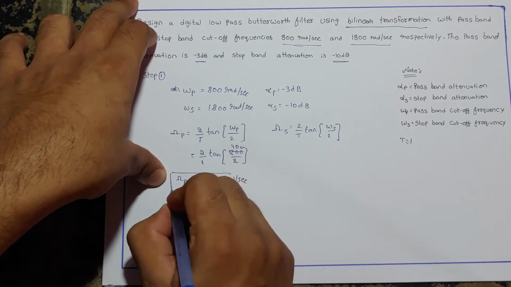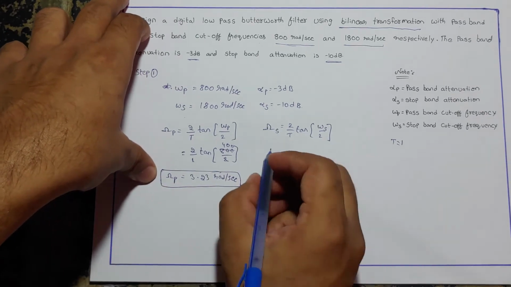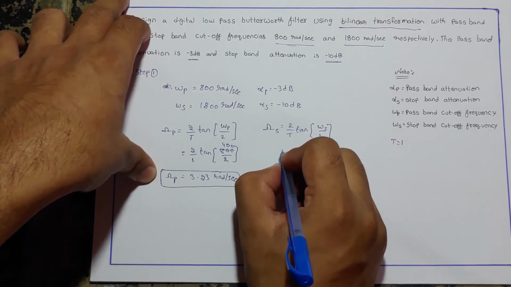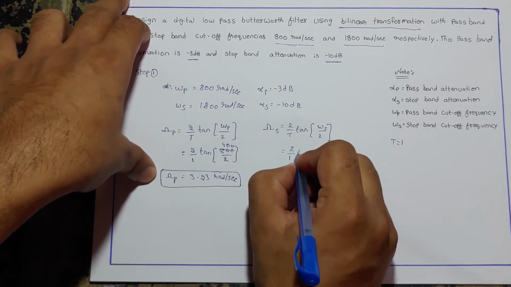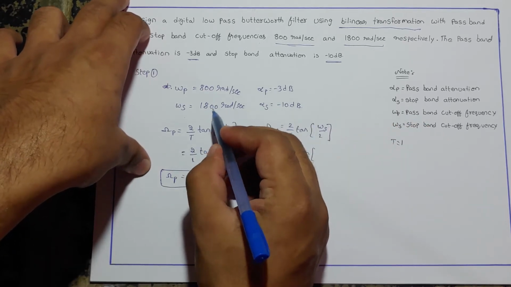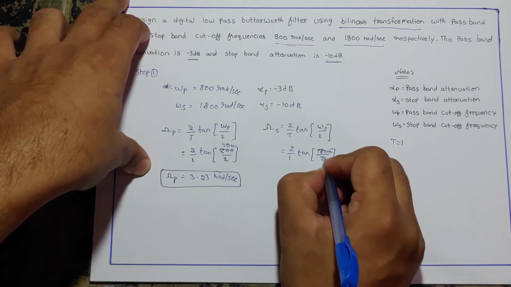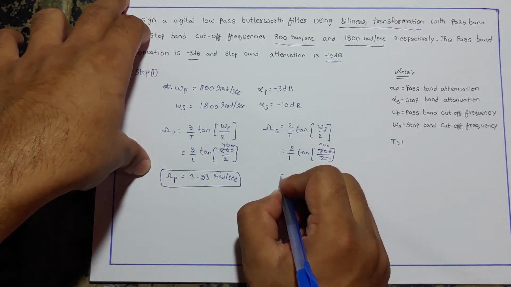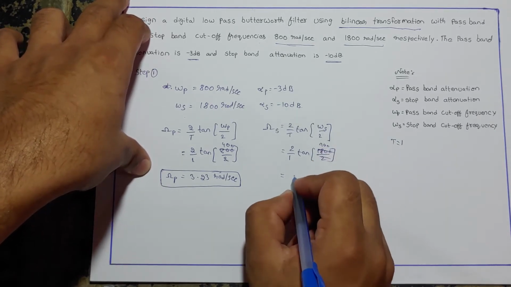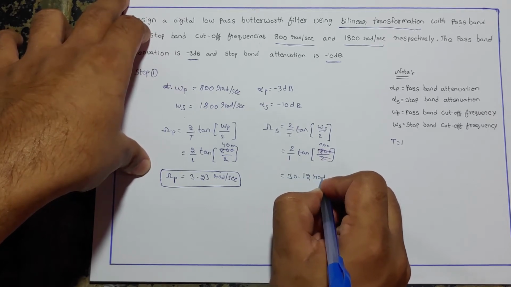Keep this aside. Now let us find out the stopband, which is 2 by 1 tan of stopband frequency, 1800 by 2, which is 900, equal to 2 times tan 900, which is equal to 30.12 radians per second.